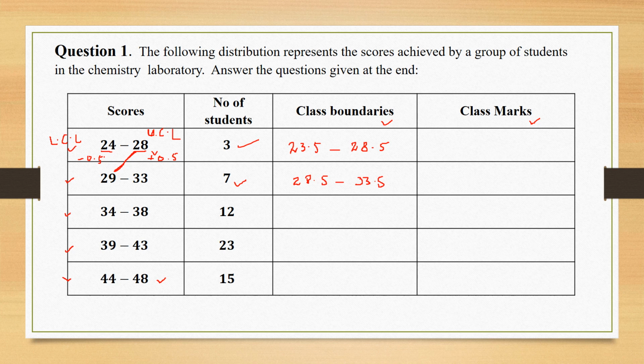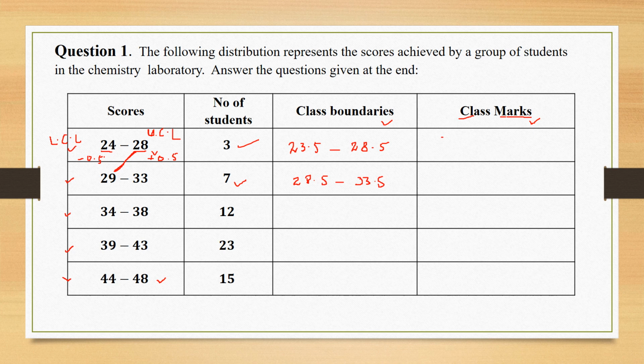Now class mark. In statistics we call it class mark, but in mathematics we call it class midpoint. The first lower limit is 24 and the upper limit is 28. How to find the class mark? Class mark means exactly the middle number of this group.